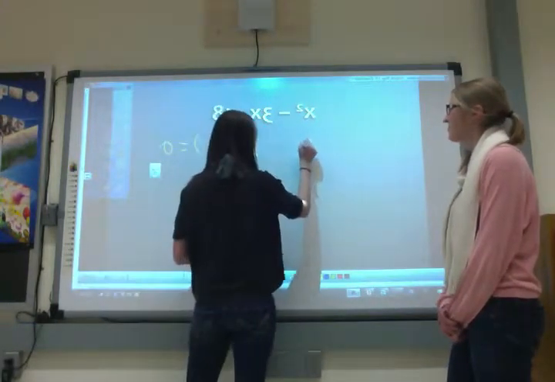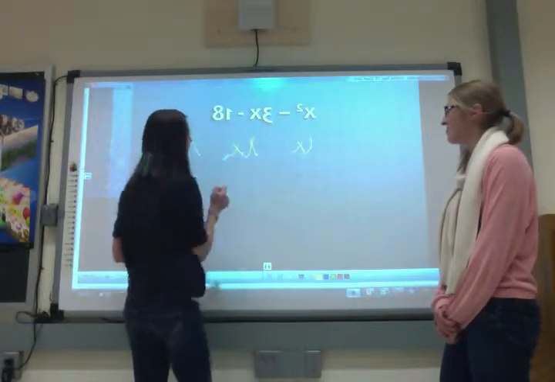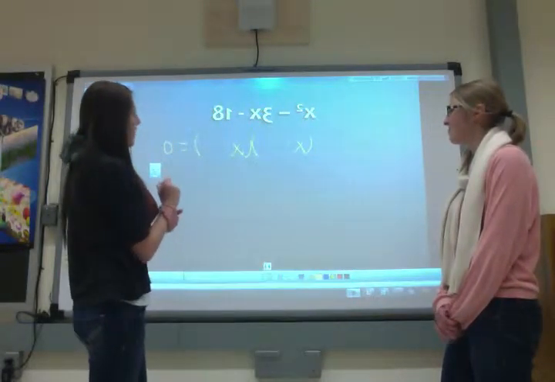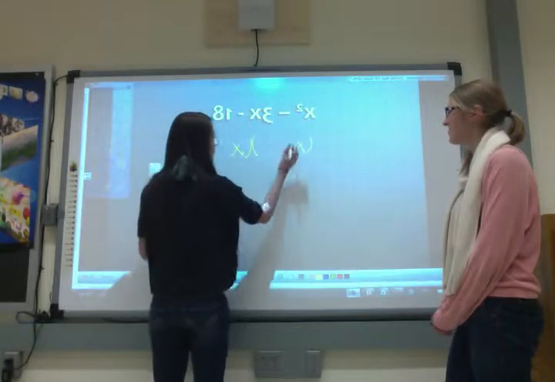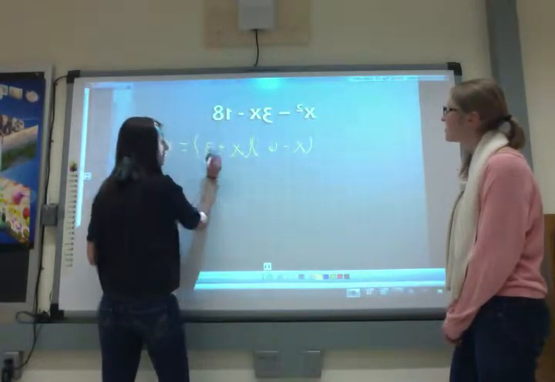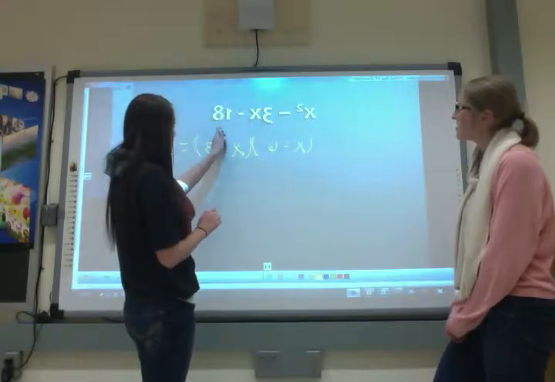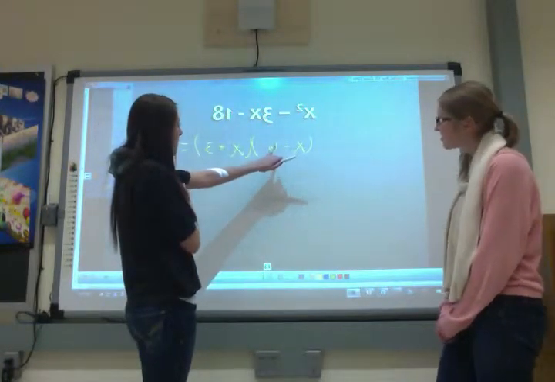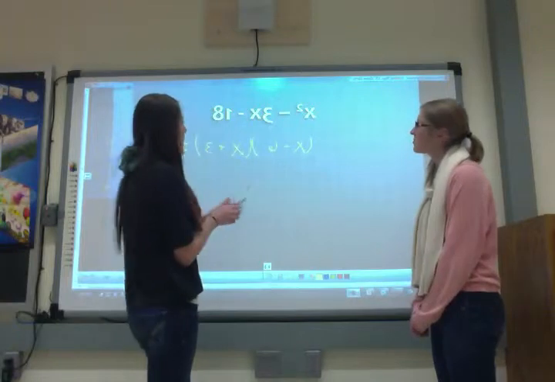Right, so this one would be x, and this one would be x, and then it'll be minus 6 plus 3, because 6 times 3 equals 18, but if you have negative 6 and plus 3, that'll give you negative 3.